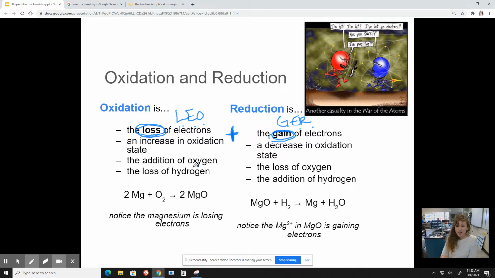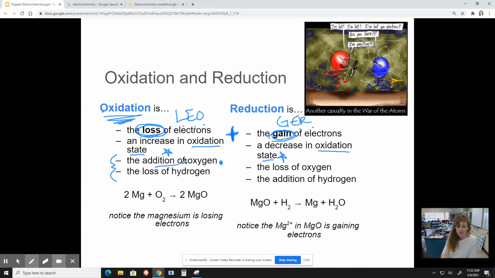Now we keep track of oxidation and reduction by tracking oxidation states. So we'll circle back to oxidation states and review those as well. That's the most common way we're going to look at oxidation versus reduction, through those oxidation states. Originally, when they were first studying redox reactions, they were looking at oxygen. As you can see, the whole name is based on oxygen, right?